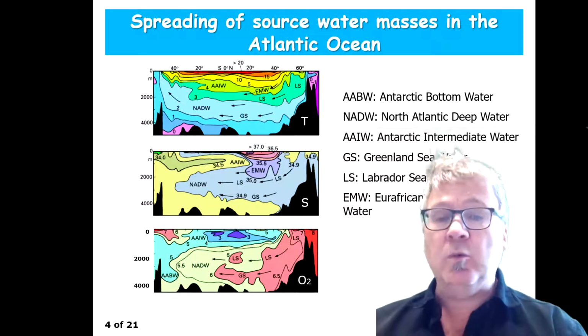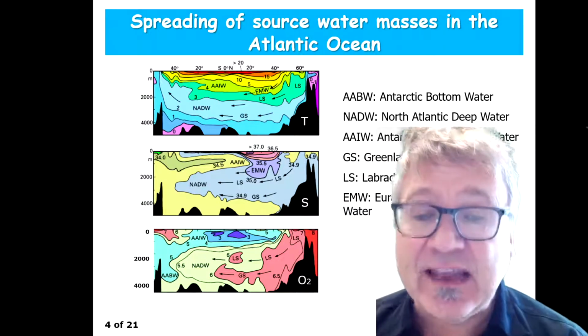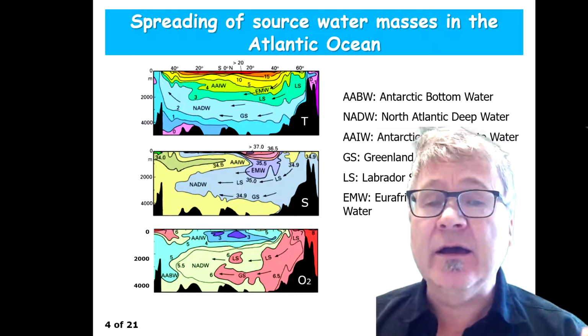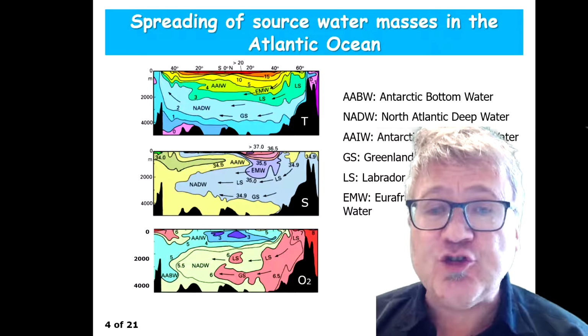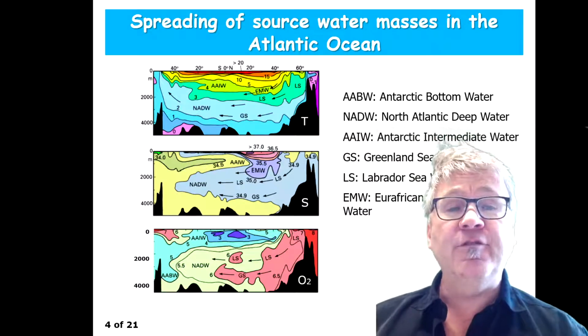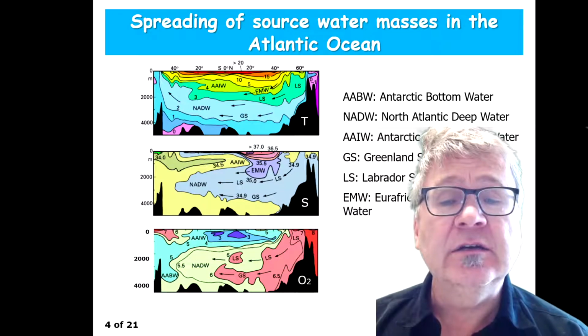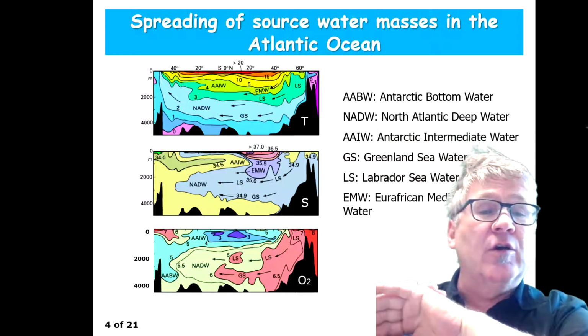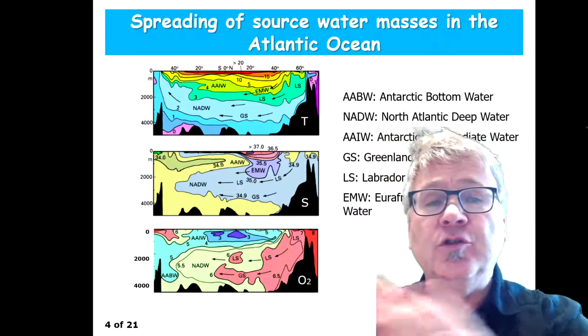So let us have a look at what else happens in the Atlantic Ocean. What's shown here are three transects, vertical transects. The top one is temperature, so you cut through the Atlantic Ocean from south to north.